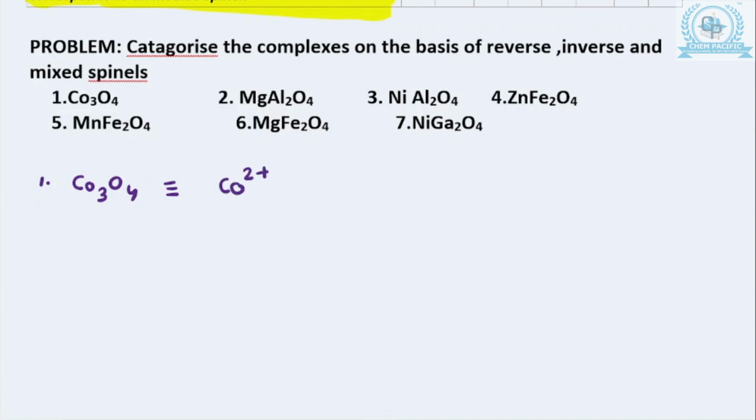3 है तो हम जानते हैं एक 2+ स्टेट में रहेंगे, एक 3+ स्टेट में रहेंगे, और जो 3+ स्टेट में रहते हैं वो 2 in number होते हैं, and then you have the O4. So now it is rearranged.